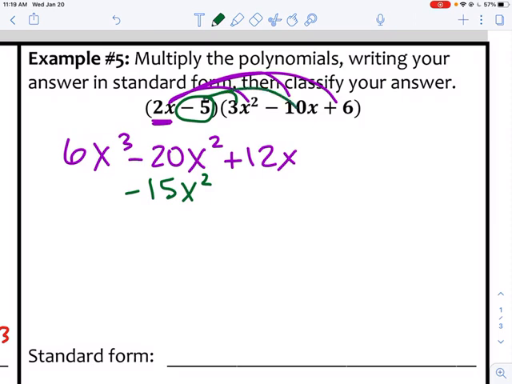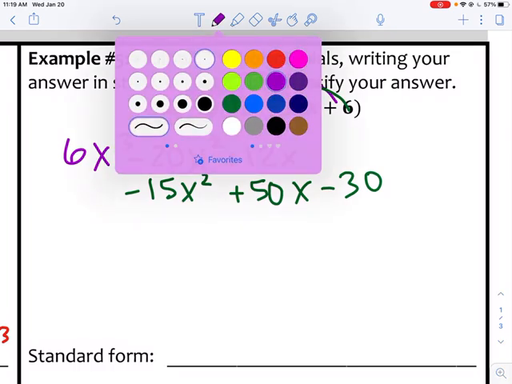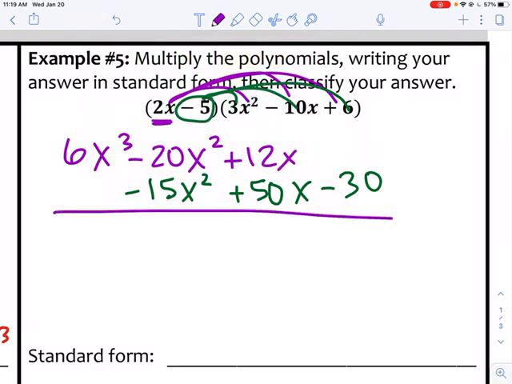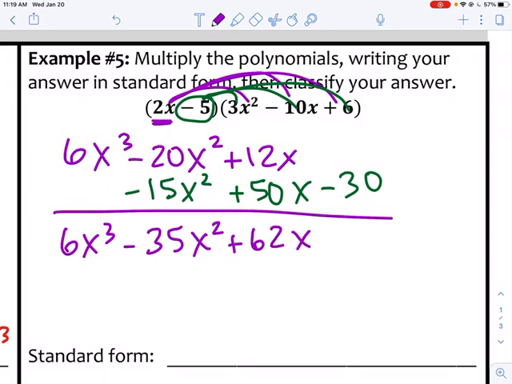So then I've got negative 5 times negative 10x. So that's going to be positive 50x. And negative 5 times 6, so negative 30. So notice how they all do line up. And then we'll just add them up, essentially, to help us combine our like terms faster. So then we'll have 6x to the third, negative 35x squared, positive 62x, and negative 30.